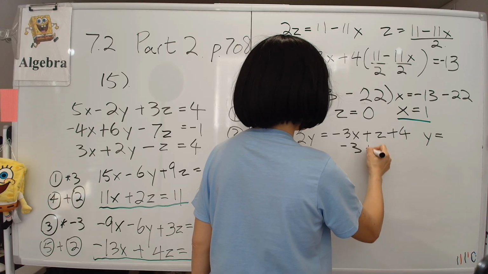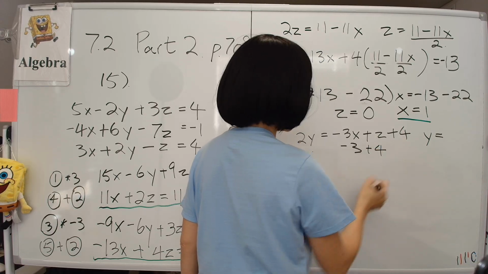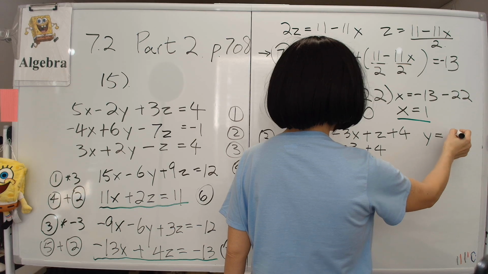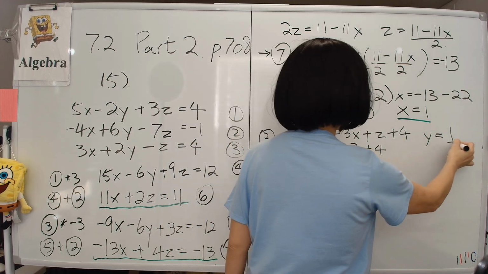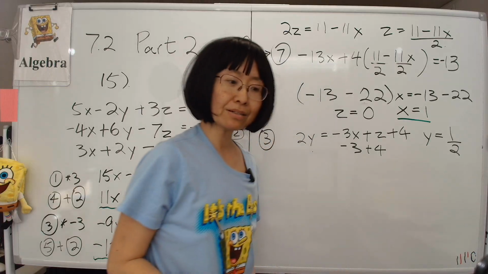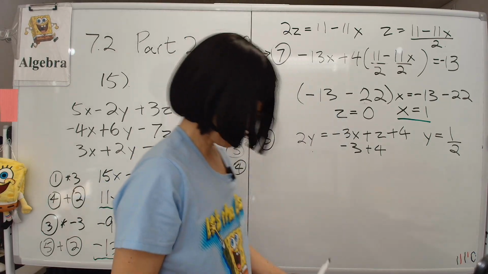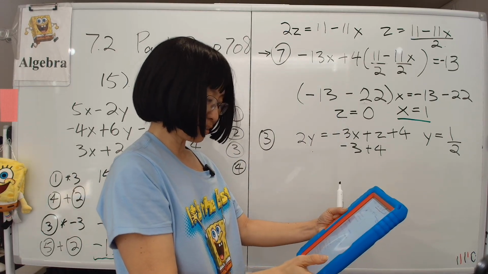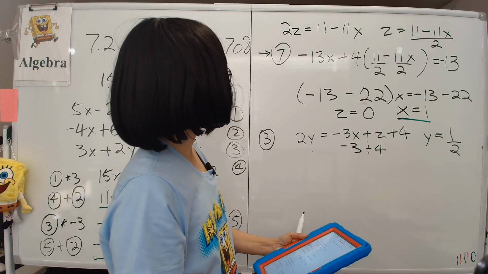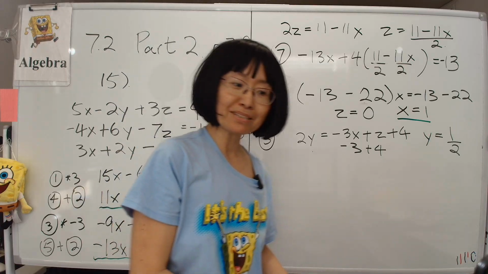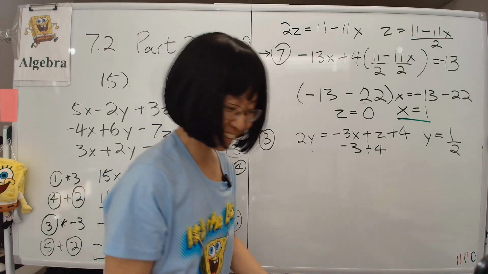Minus 1 plus 4. So y equals 1. And don't forget the 2 here. 1 divided by 2. So y equals 1/2, and according to this, yeah, I am correct. X is 1, y is 1/2, and z is 0. And that means we have finished problem 15.